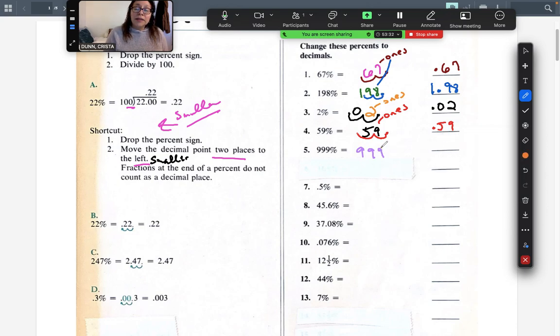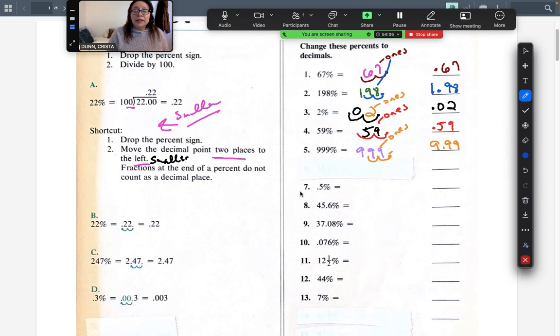Where's my ones place? Well, it's there, right? 9 ones. So I'm going to put it here, and I'm going to go how many place values? And which way? Left. Smaller, right? If I go this way, is that really going to be smaller? No. I got to go 1, 2. So it's 9.99.